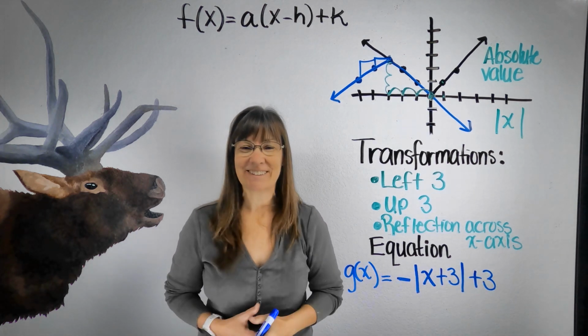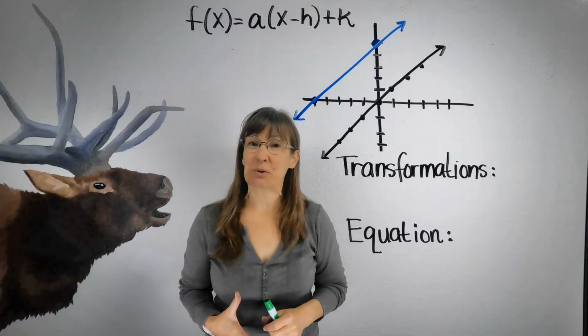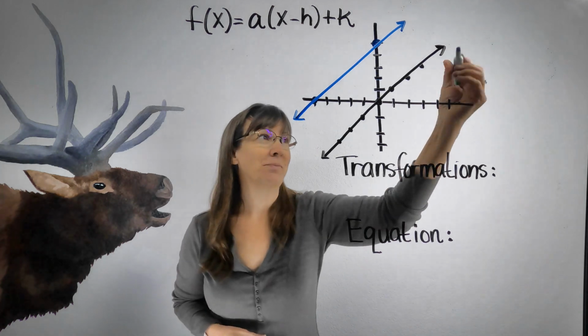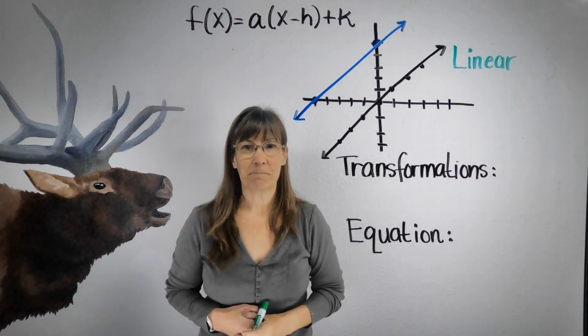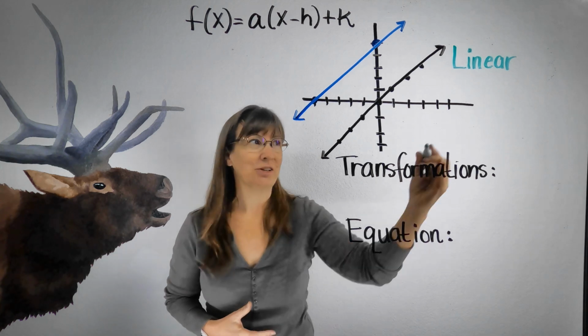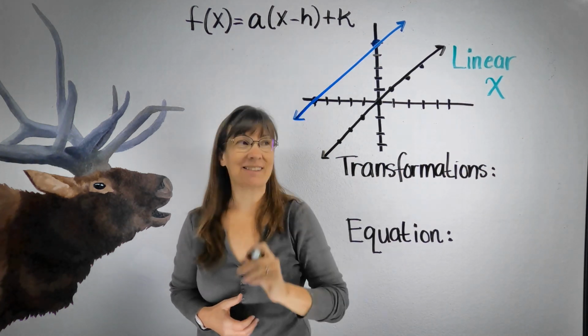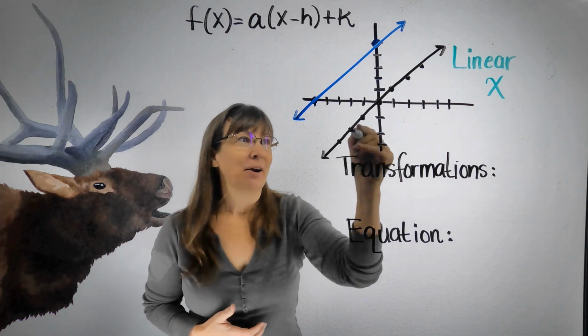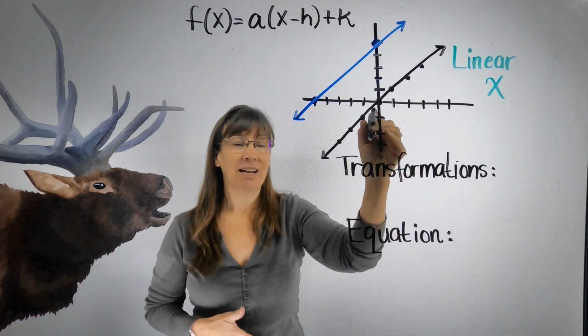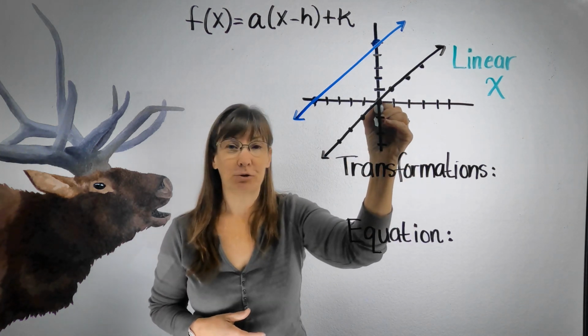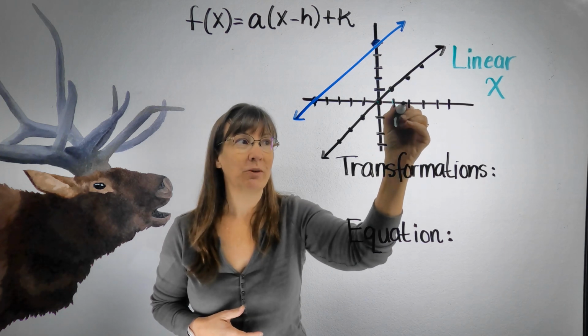Let's do another. My last example is going to be a linear function. The parent equation is just x, or f of x equals x. I have my parent here drawn, so you can see it. Again, we know it's the parent because it goes through the vertex and it has a one-to-one relationship.